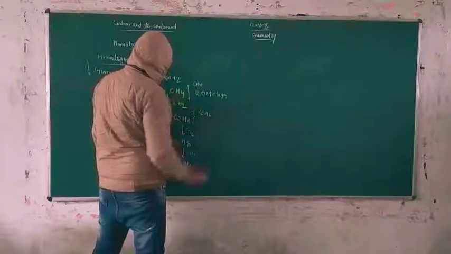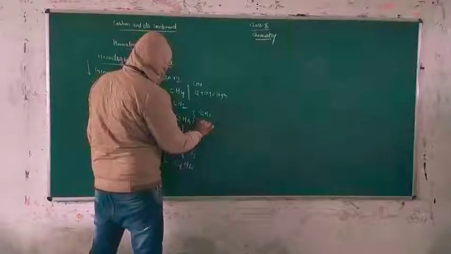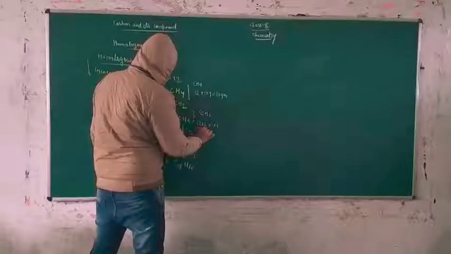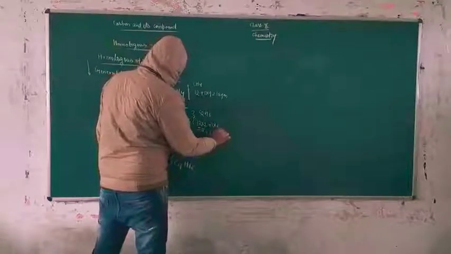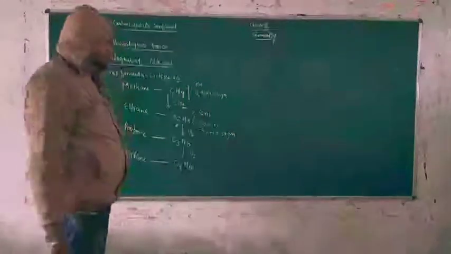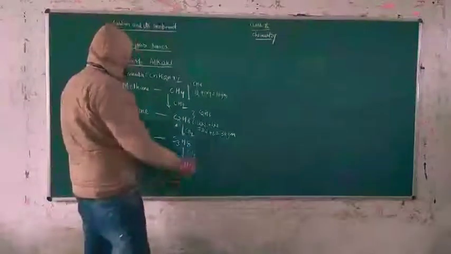That means we write 12 into 2 plus 1 into 6 is equal to 24 plus 6 is equal to 30 gram. We have discussed that in homologous series, there is a difference of their atomic masses equal to 14 gram.